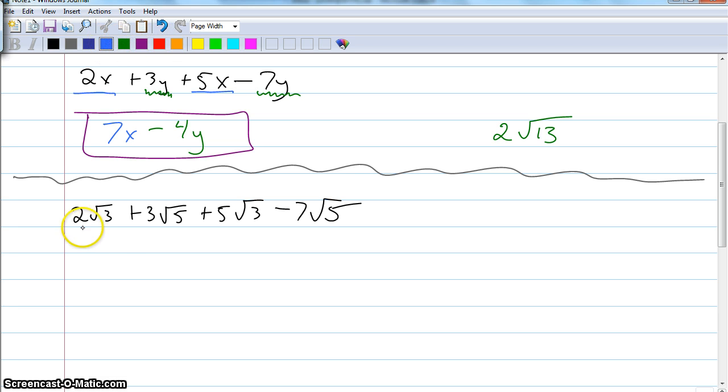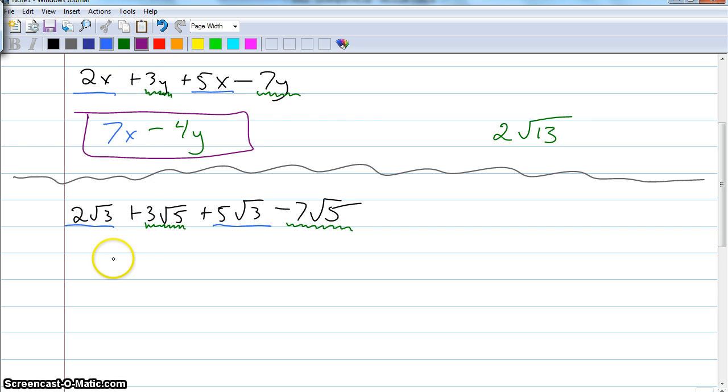So look what happens here. What we have here are 2 of these root 3 things, and there's another 5 of these root 3 things, and we got these different things. We got these 3 of these root 5 things minus 7 of the root 5 things. Looking at the roots, see how they're different roots, except that these two are the same roots. So we treat them just like terms.